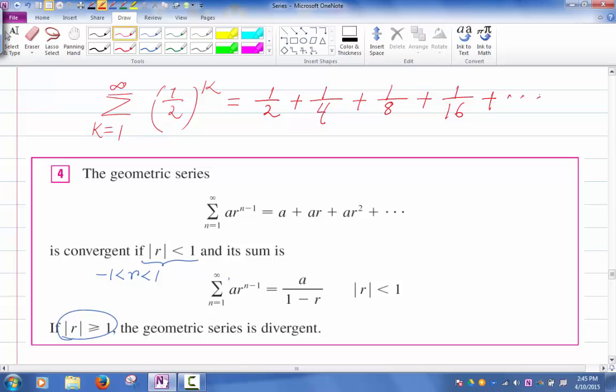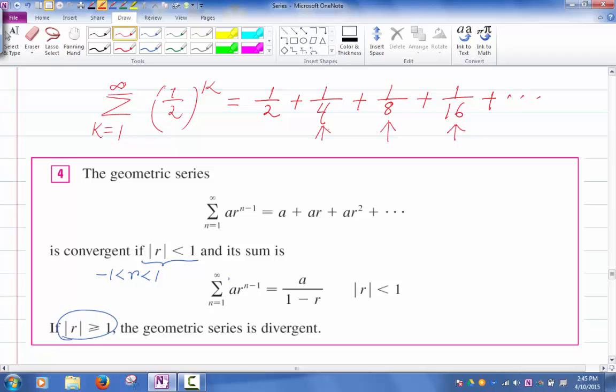Now, someone tell me, should this be called a geometric series? Why? If you look at the terms, if you divide any term by the previous, what do you get? Divide 1/8 by 1/4, what do you get?